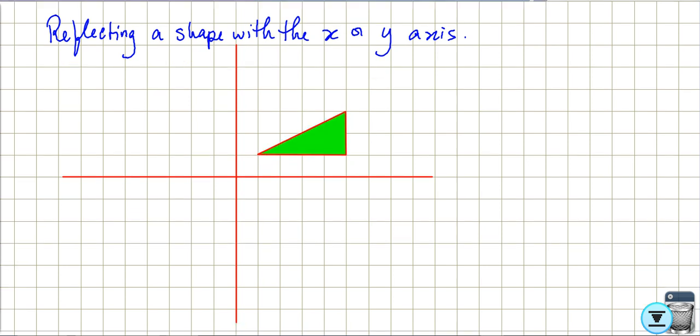It is our shape, so we have the y-axis, we have the x-axis, okay, and we have shape A.